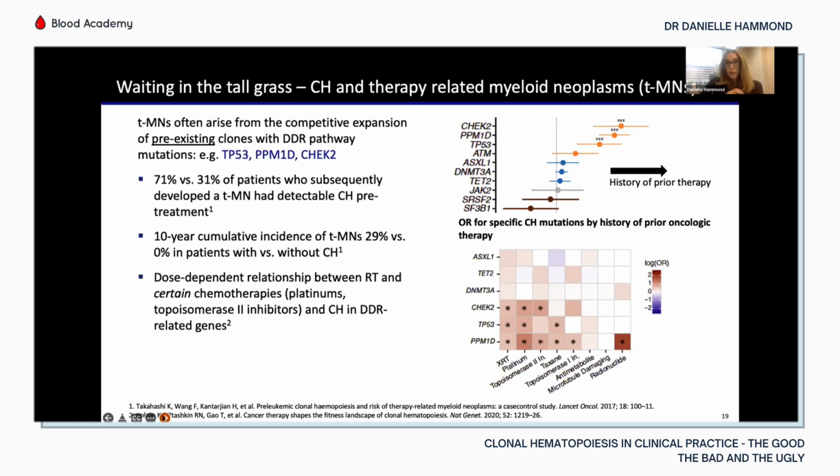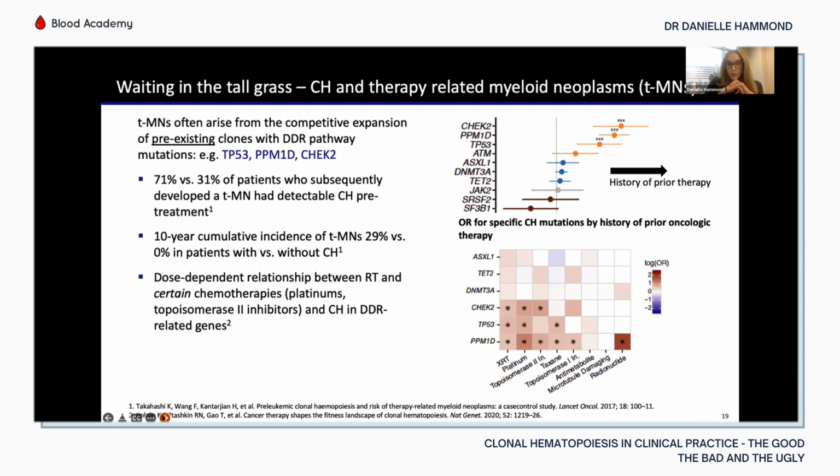And moreover, that there was a dose-dependent relationship between these exposures and subsequent therapy-related myeloid neoplasm risk. And really important is that if you look here on the right-hand side, this is from Sloan Kettering data that initially was looking at sequencing solid tumor samples, but took advantage of the concurrent peripheral blood sequencing and noted this association between mutations, again, in these DNA damage response pathway genes and prior history of, in particular, ovarian and breast cancer.